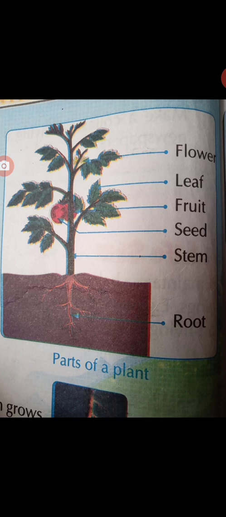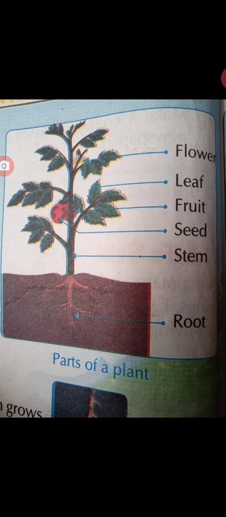The different parts of a plant perform different functions. The different parts of a plant are roots, stem, leaves, flowers, fruits, and seeds. Now, let us study each part in detail.